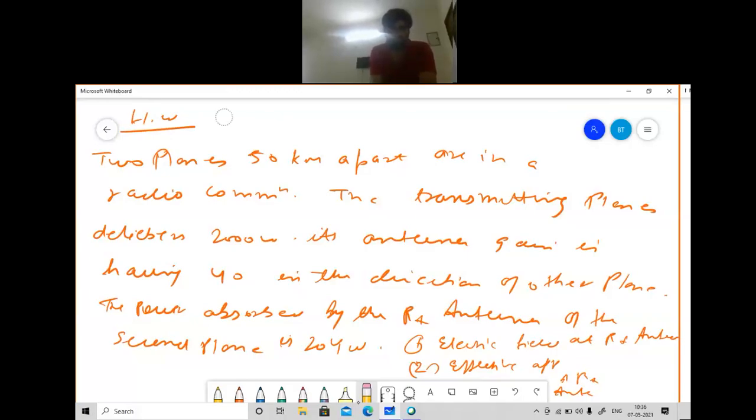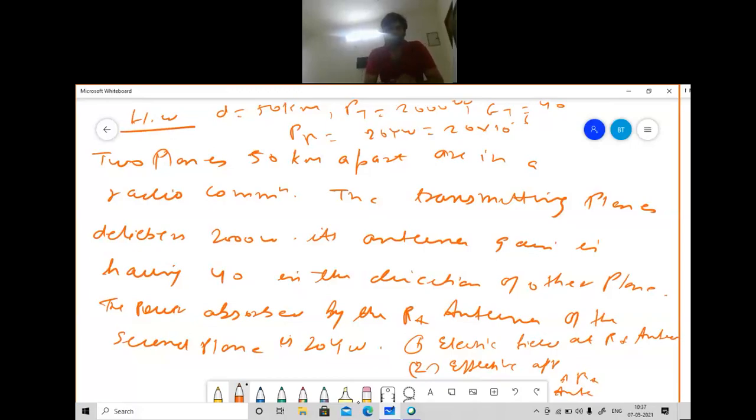Distance was given as 50 kilometer. Power transmitted is given as 2000 watt. Gain is given as 40. Power received is given as 20 microwatt, we'll convert it into 20 times 10 to the power minus 6. So they're asking first the electric field, second the effective aperture.